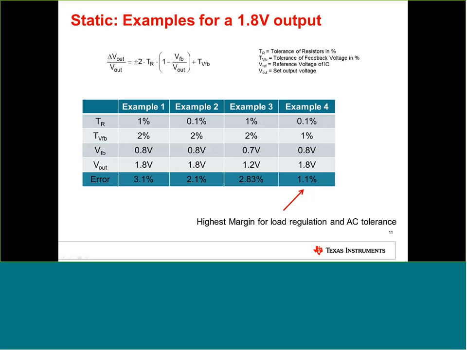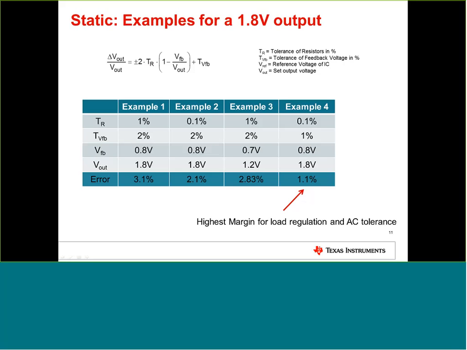And this results in an error of 3.1%. In the second example, we're using 0.1% resistors. The feedback voltage and output voltage are the same, and this results in a 2.1% accuracy.